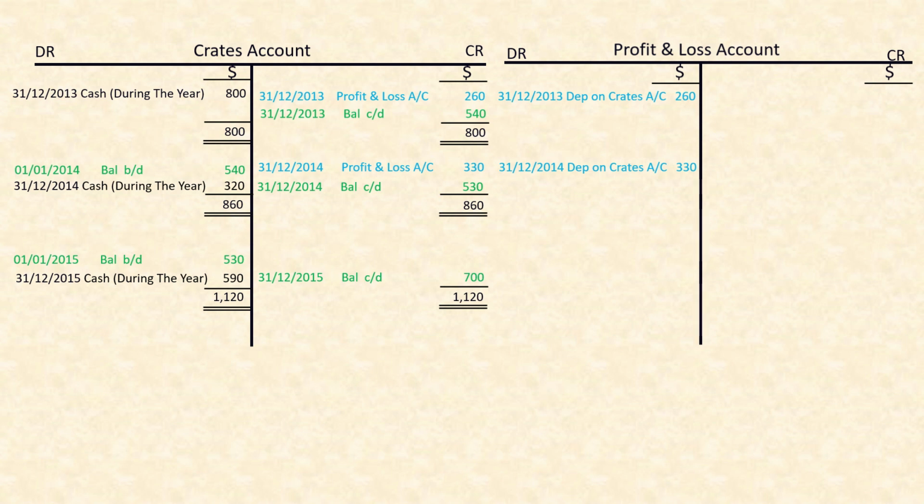Then, just like we had done in the prior cases, for us to be able to know the amount which we need to use as the depreciation expense, you pick the total, which is 1,120 minus $700, so that you can know the amount that has been lost within the financial period.